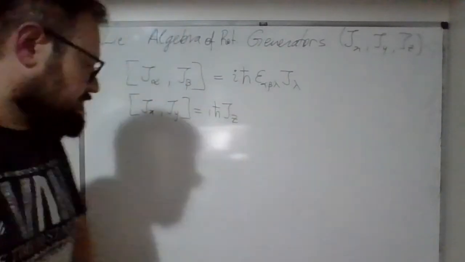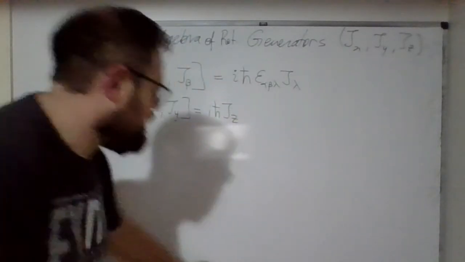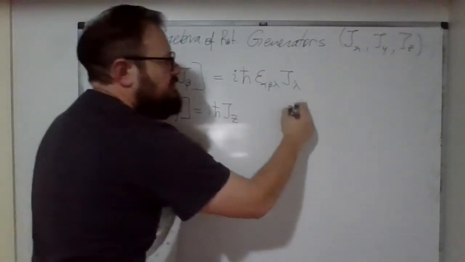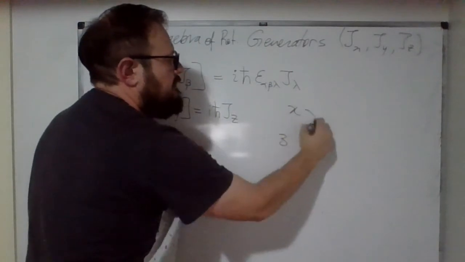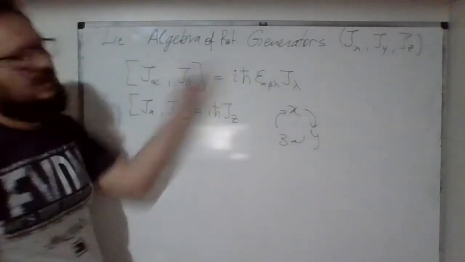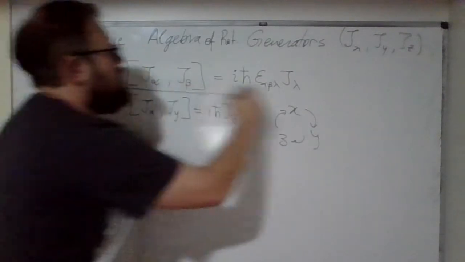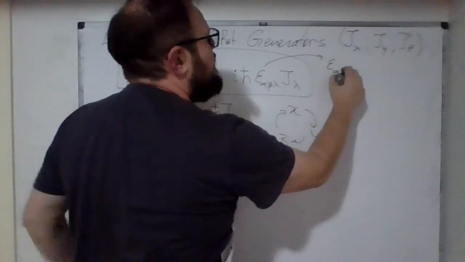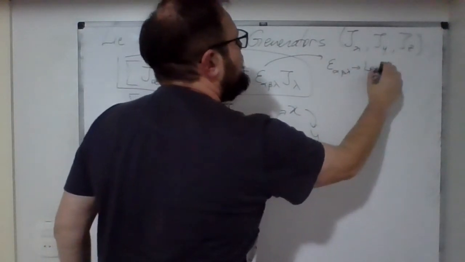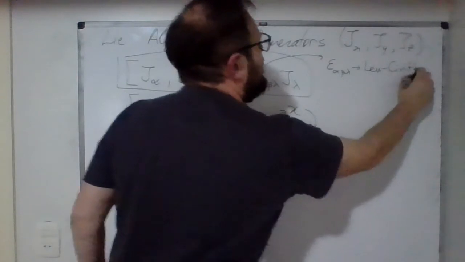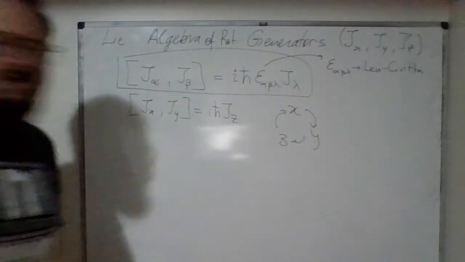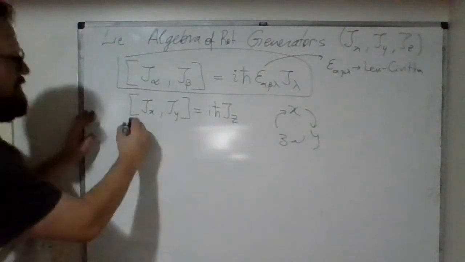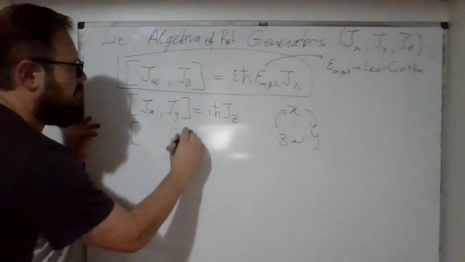All right, and you can just make cyclic permutations here, x, y, and z, which is just encoded in this very general form, where this epsilon alpha, beta, lambda corresponds to the Levi-Civita permutation symbol.